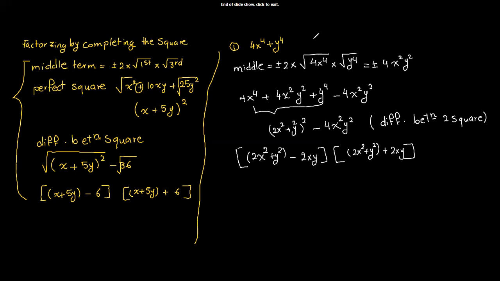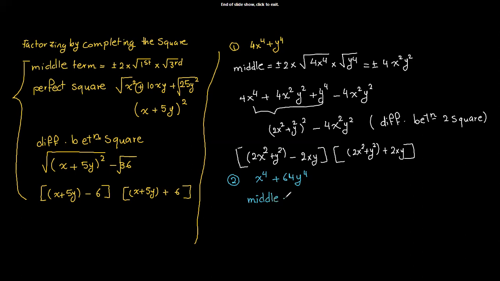Another example to make this clear, number 2: x to the power 4 plus 64y to the power 4. In this expression, we need to get our middle term.